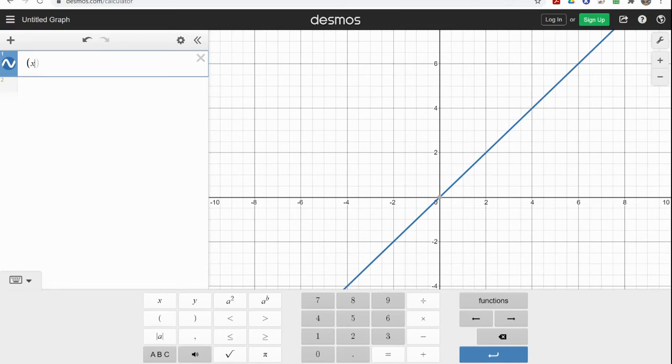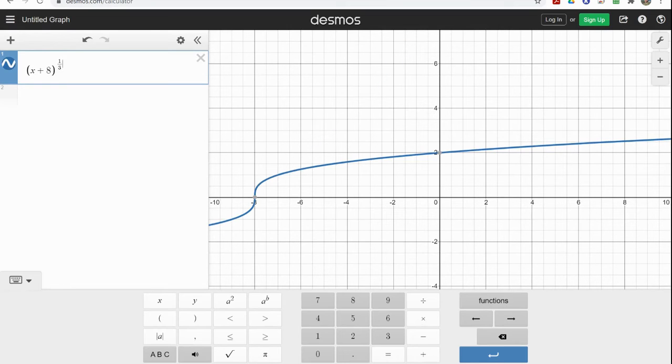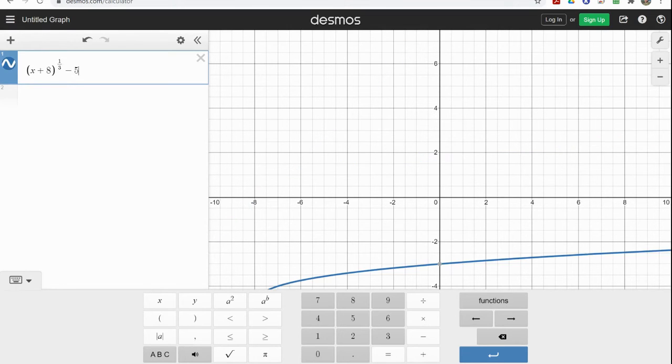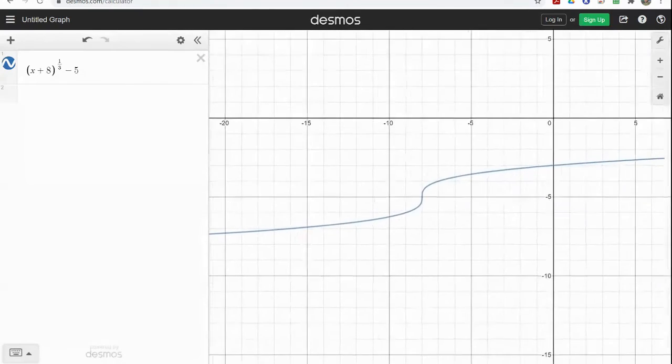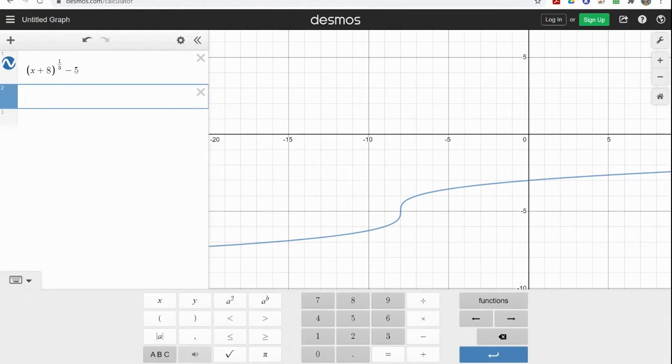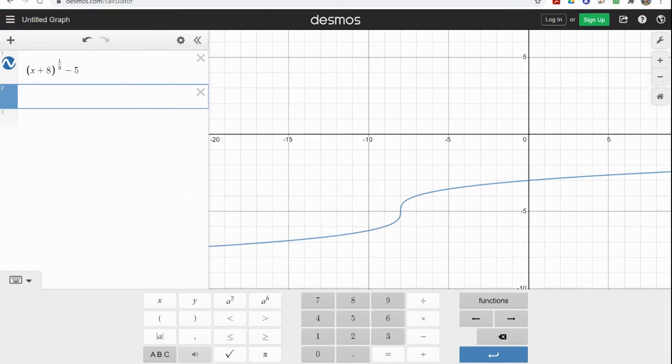So I'll say x plus 8, and then raised to the 1/3, and then minus 5. So we can look at this function, what it makes. We can also put the original one in. It was x plus 5 cubed minus 8.